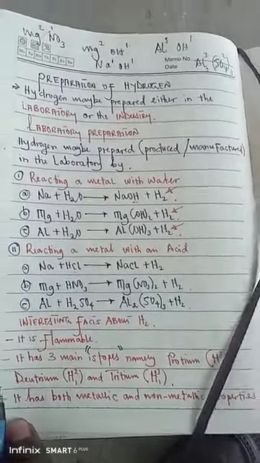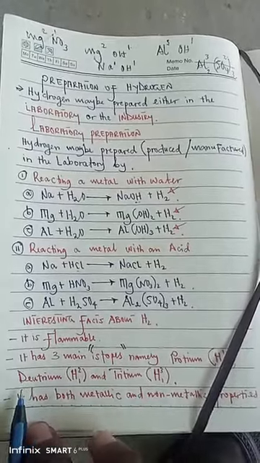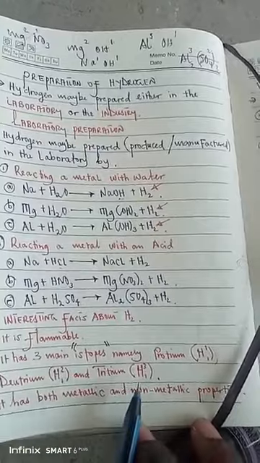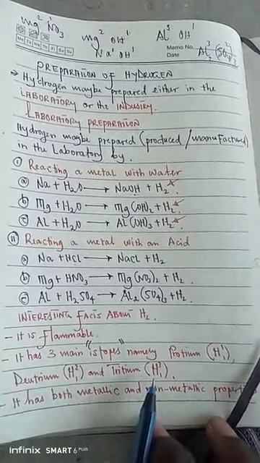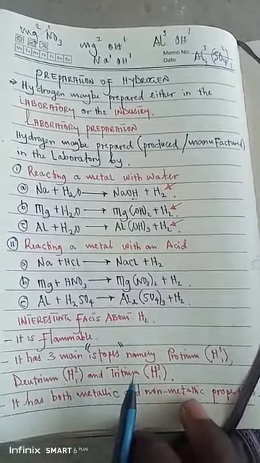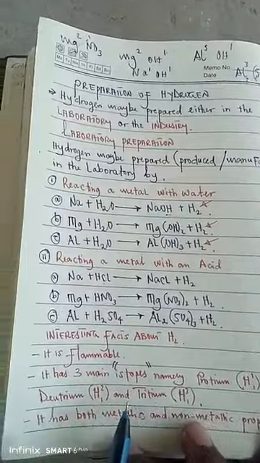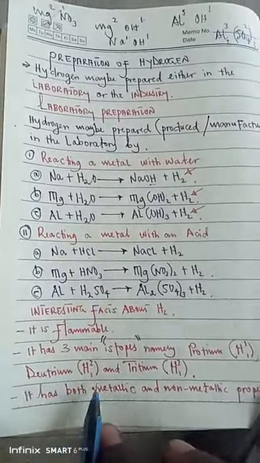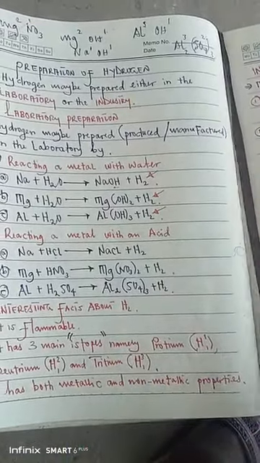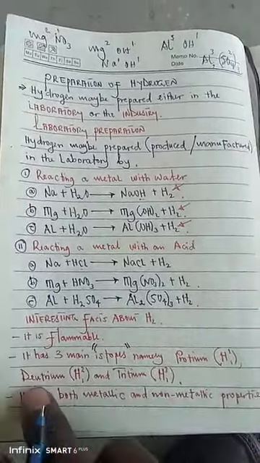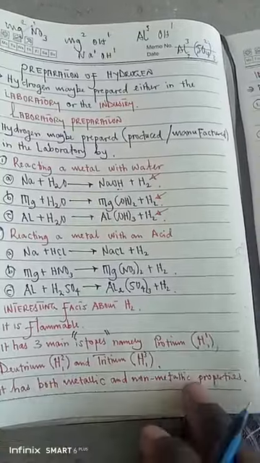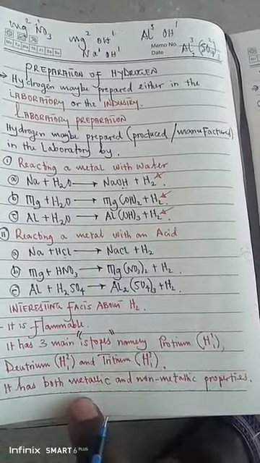And lastly, one thing that you need to know is that hydrogen gas has both metallic and non-metallic properties. It's for this reason that you're going to see hydrogen being placed at the top center of the periodic table, because it has both metallic and non-metallic properties. So hydrogen has no specific group because of this same reason.